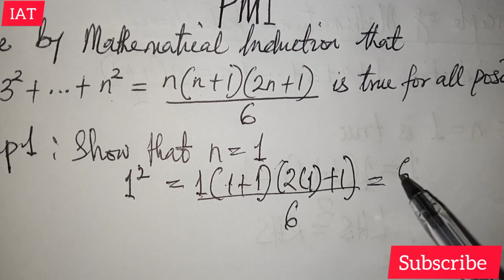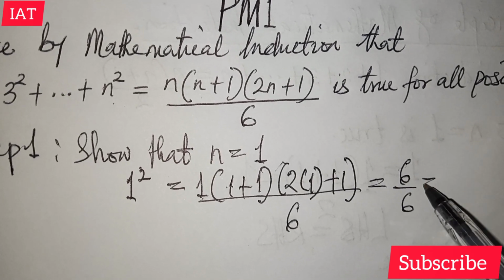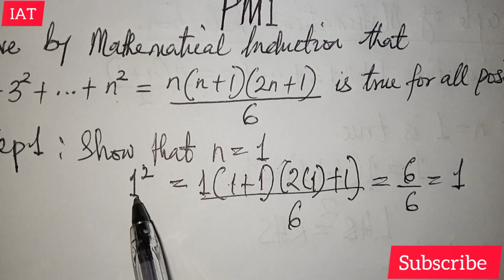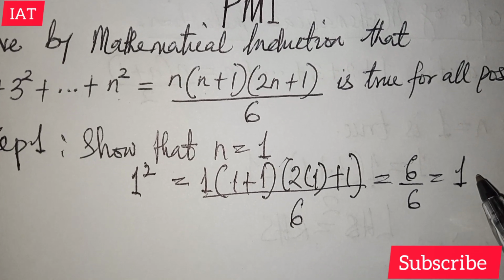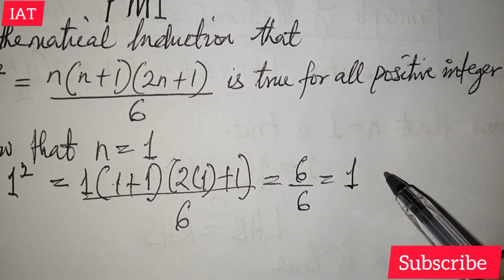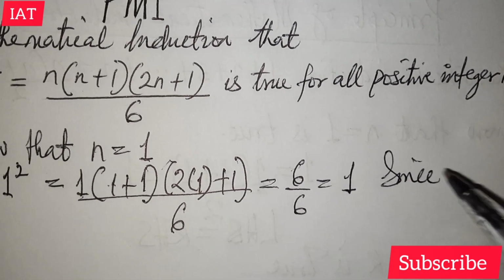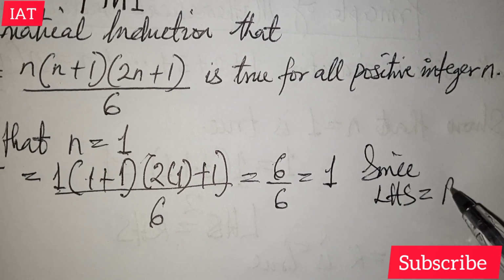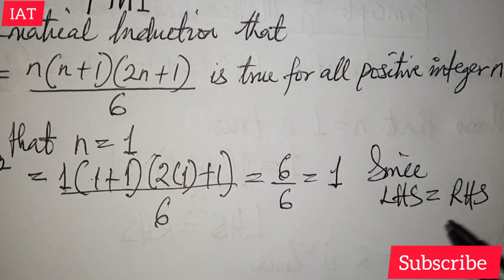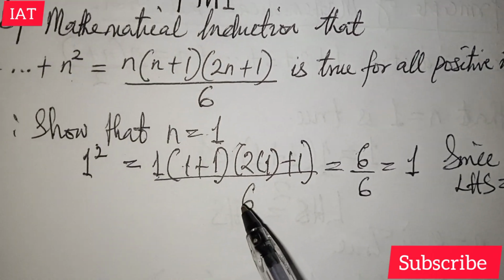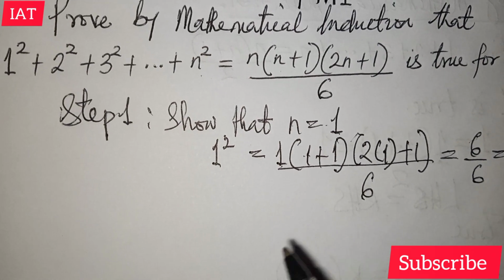Then we have 6 divided by 6, and the result is 1. You can see that the left hand side, 1 squared, is 1, equal to the right hand side. Since the left hand side is equal to the right hand side, then n equal to 1 is true for all positive integers of n.